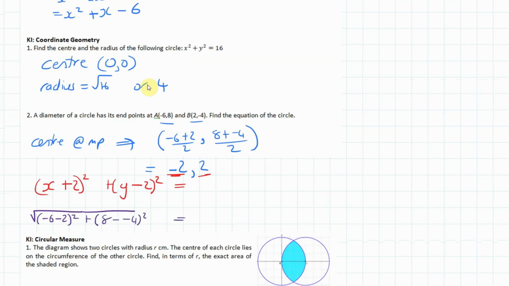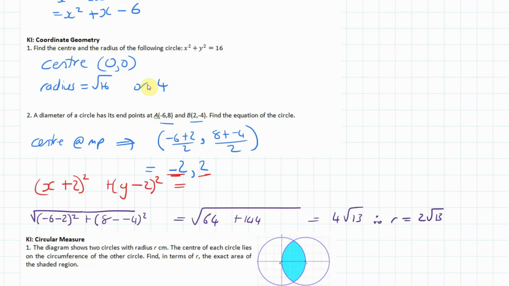Now that is equal to the square root of 64 plus 144, is that right? I think that's right. Now what does that equal when we put that in our calculator? The square root is 4 square root 13. Therefore the radius should be half of that, which is 2 square root 13.